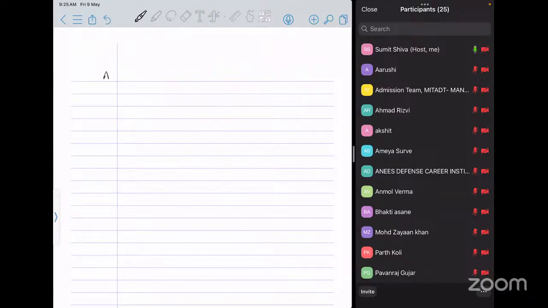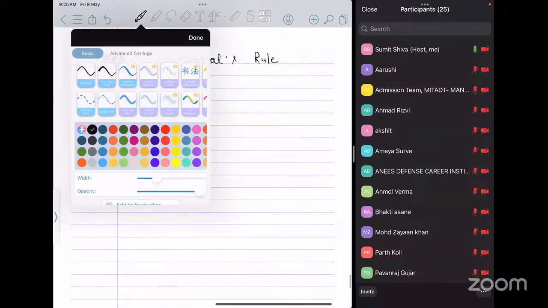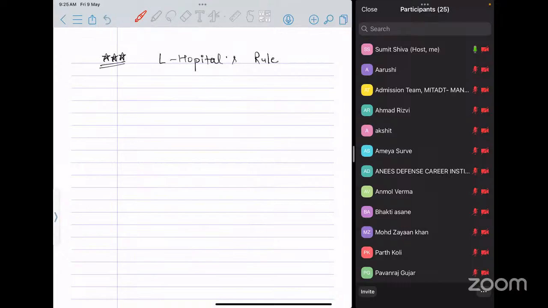Next, we have a very important concept, which is known as L'Hopital's rule. This concept will work to evaluate the limit if and only if you have either 0 by 0 form or infinity by infinity form.